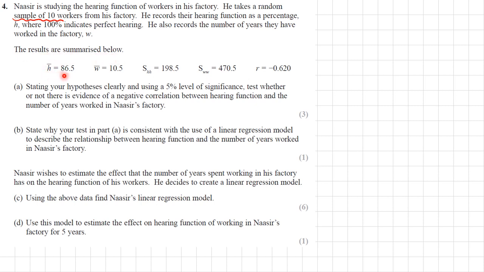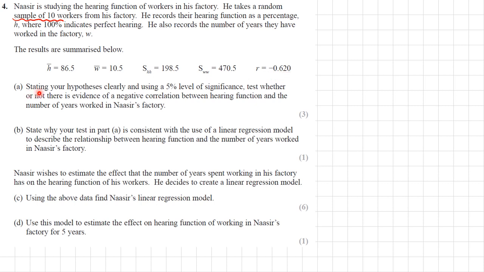So the mean of H is 86.5, the mean of W is 10.5, SHH is 198.5, SWW is 470.5, and R, the correlation coefficient, is equal to negative 0.620.